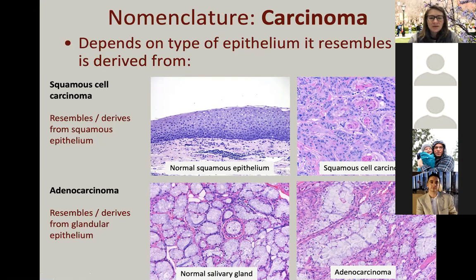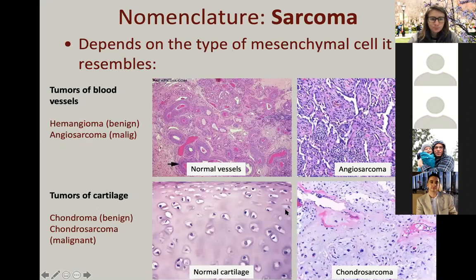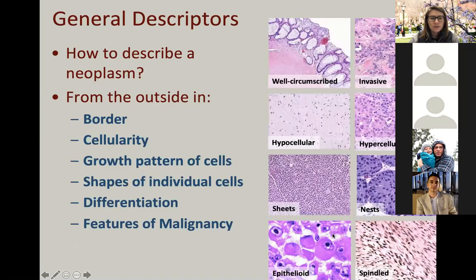So any of these are considered adenocarcinomas. Conversely, sarcomas are named depending on the type of mesenchymal tissue they resemble. So for example, not all angiosarcomas necessarily are derived from vessels, but they resemble or recapitulate vessels, therefore they're called angiosarcomas. Same with cartilage: chondrosarcoma resembles cartilage and is therefore called chondrosarcoma.